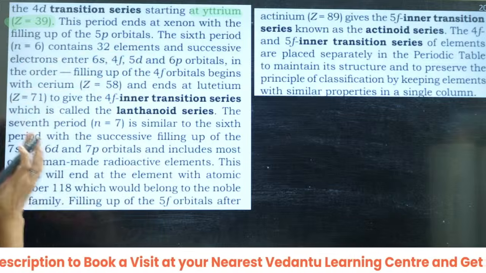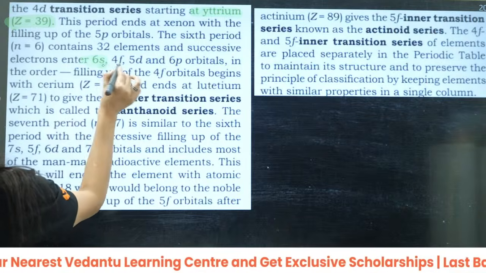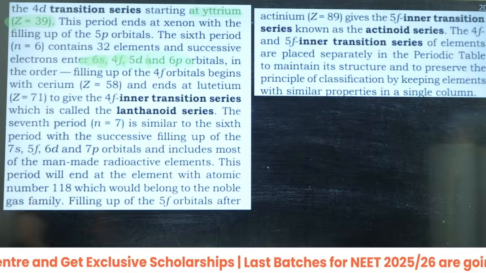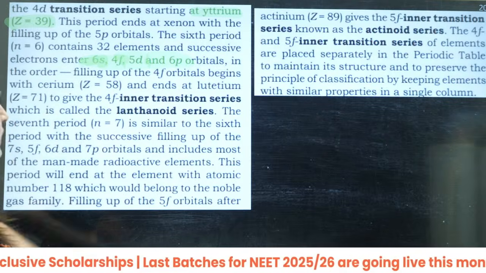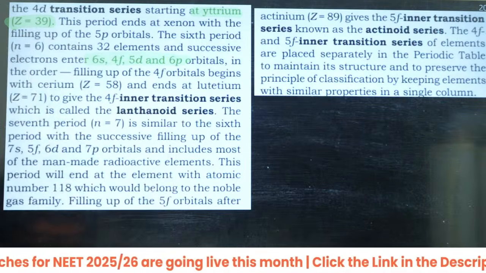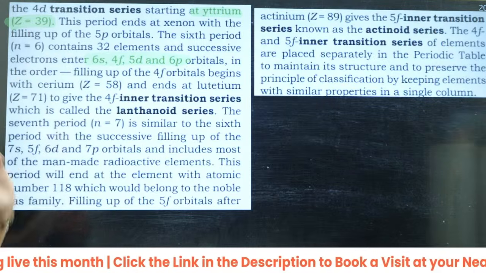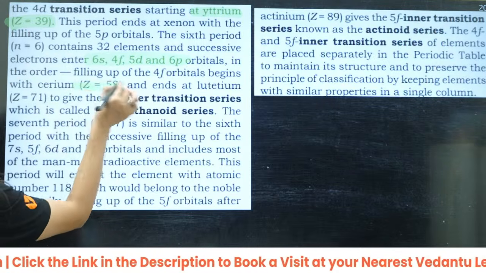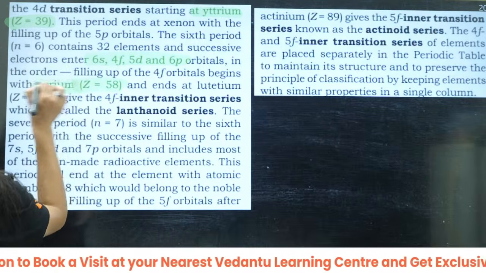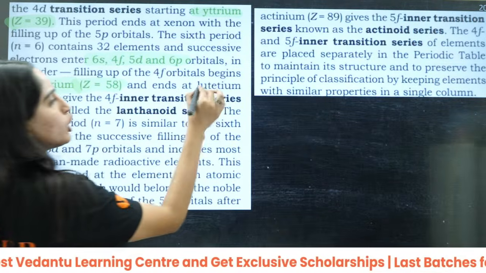Next is the 6th period. In the 6th period, you have 6s, you have 4f also, 5d also, 6p also, right? So many orbitals you have here. In the order of filling, the 4f begins with, very, very important, 58, that is cerium, and it ends at 71, that is lutetium.